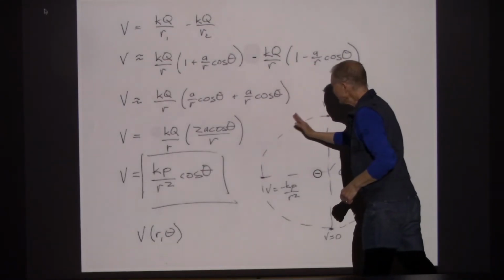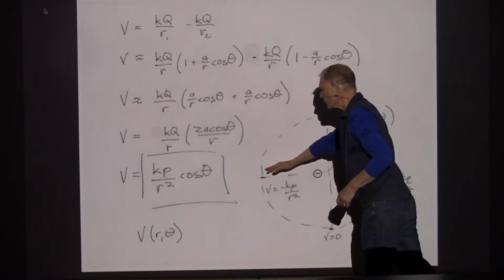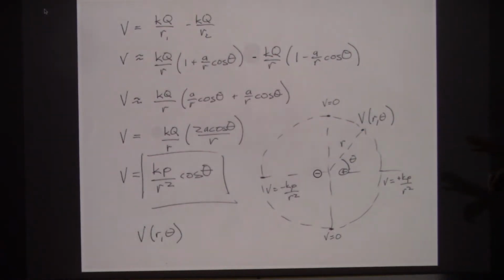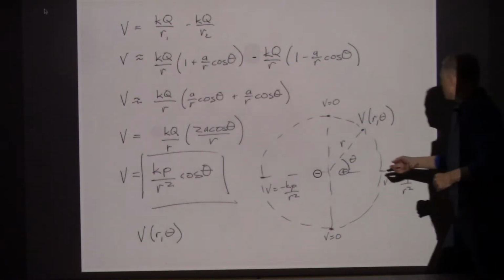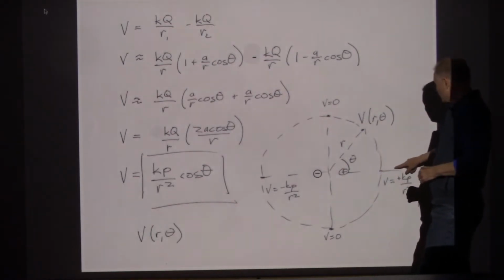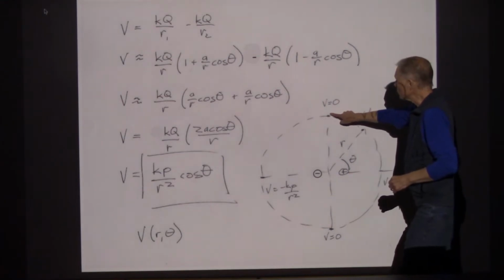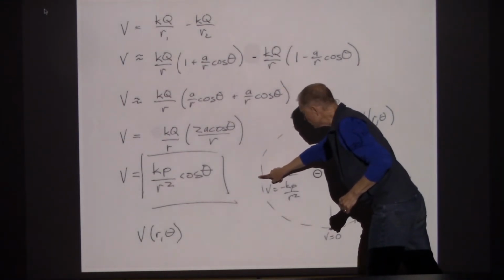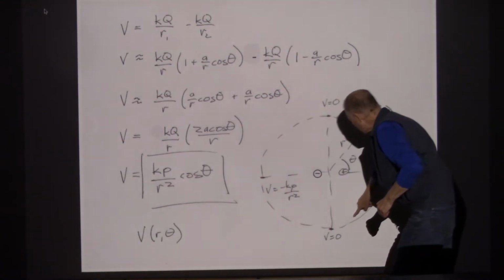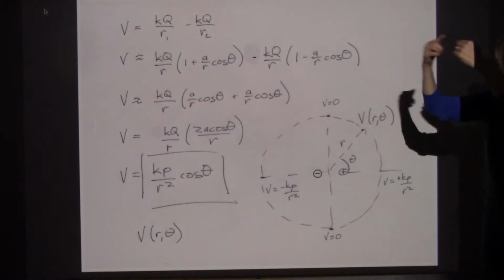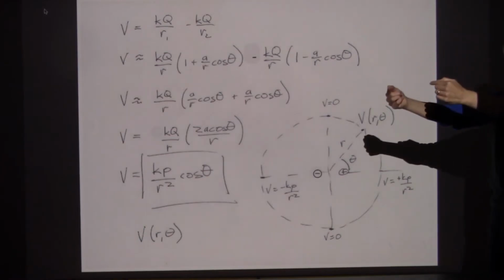And then if I continue out to 180 degrees, cosine of 180 is -1. So that cosine theta factor is keeping track of how the potential goes from positive to 0 to negative, and then back to 0 and back to positive when we circularly walk around the dipole.